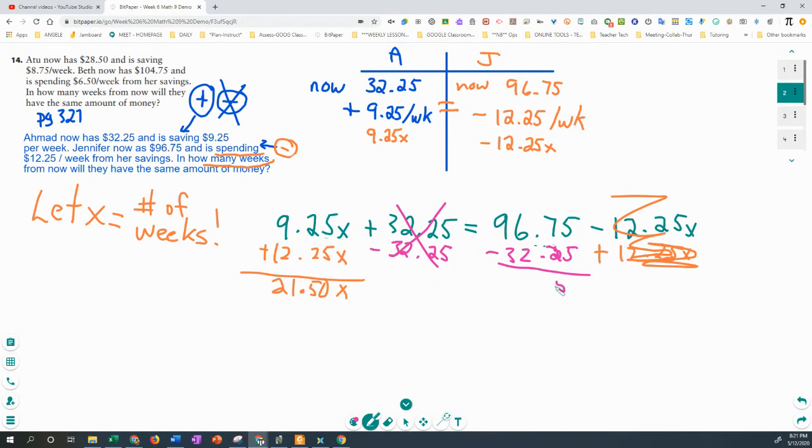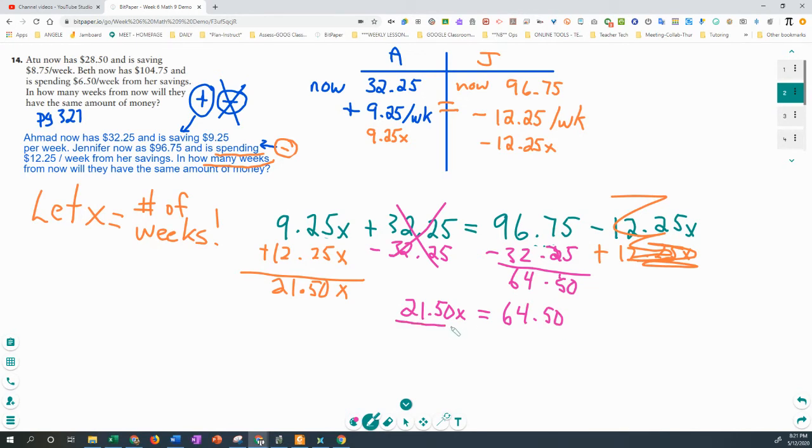Well, 96.75 minus 32.25 is 64.50. So the end result is 21.50x is equal to 64.50.